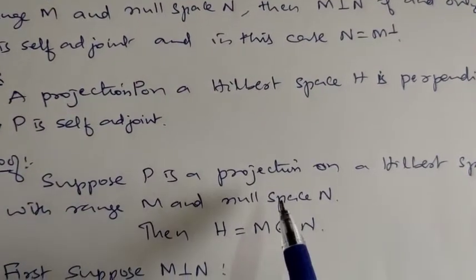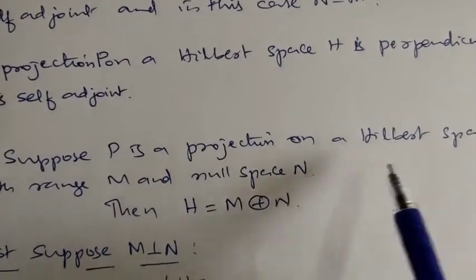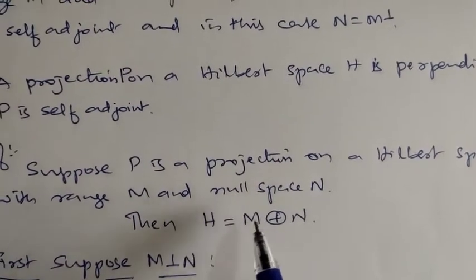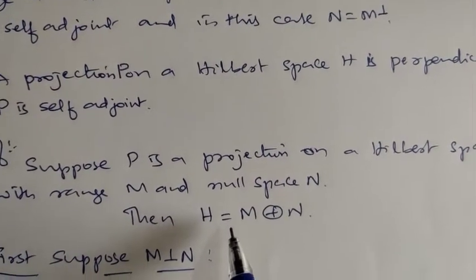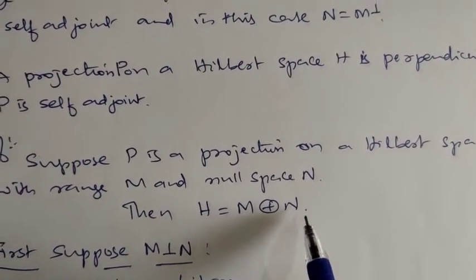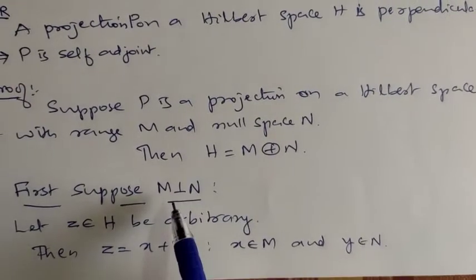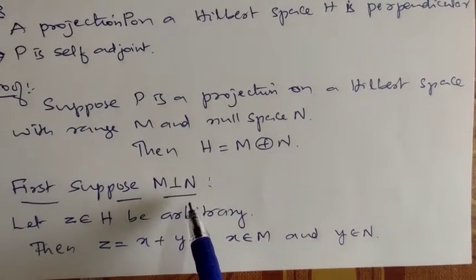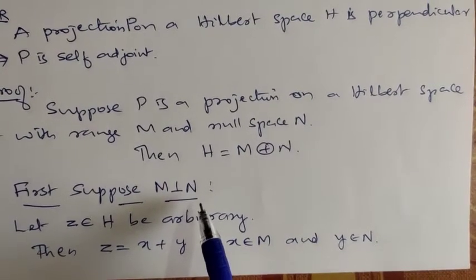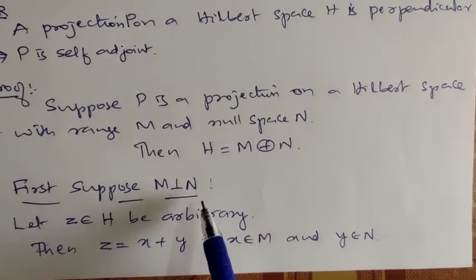First, suppose P is a projection on a Hilbert space H with range M and null space N. Then by definition, as we have just proved, H is the direct sum of M and N. First suppose M is orthogonal to N, and we will show that P is self-adjoint.